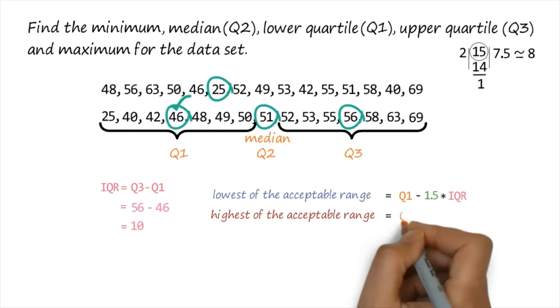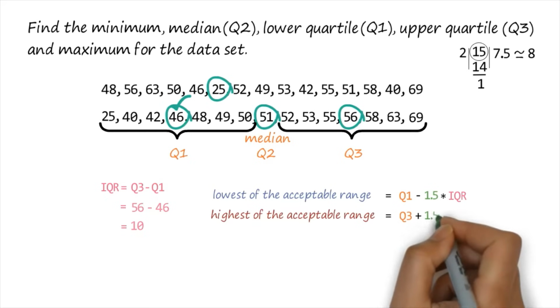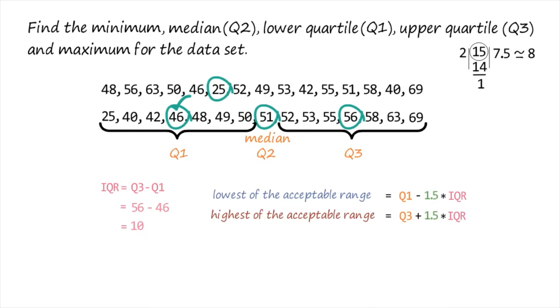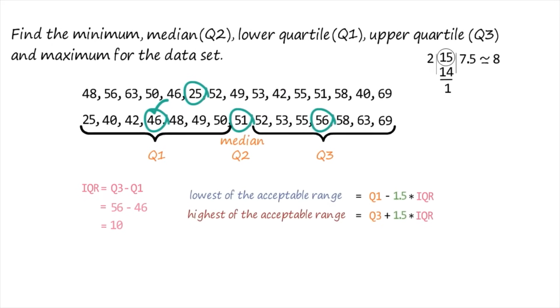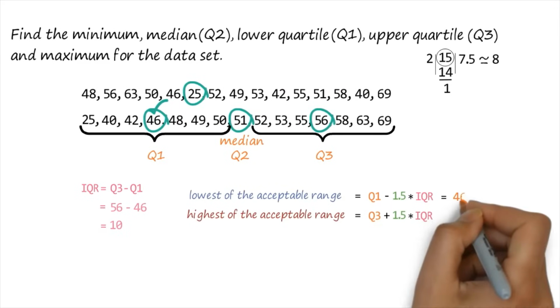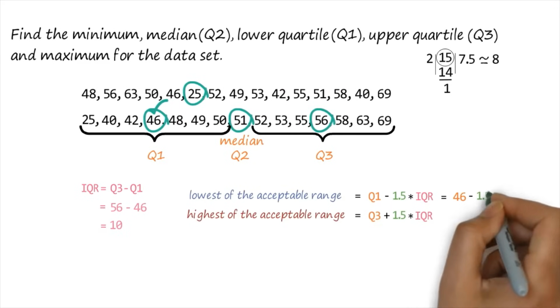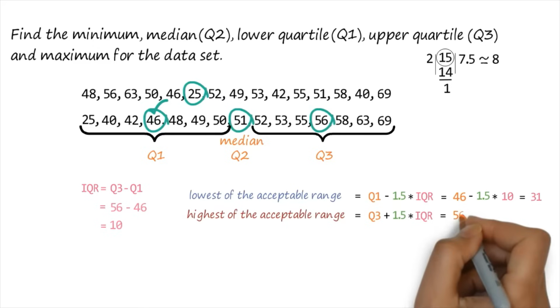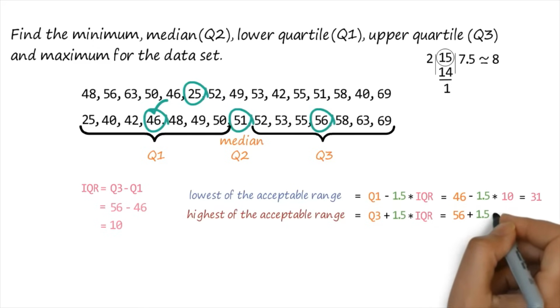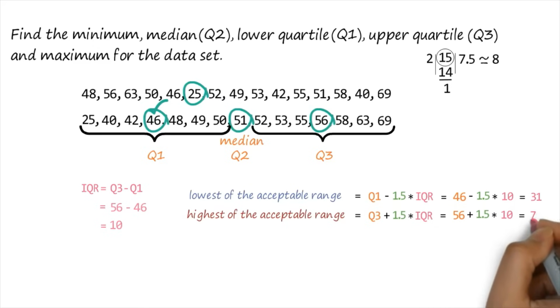The formula is Q3 plus 1.5 into IQR, right? So if you calculate, the lowest acceptable range will be 46 minus 1.5 into 10, which is 31. And the highest acceptable range will be 56 plus 1.5 into 10, that is 71. So we have got this range. But try to understand what our question was.